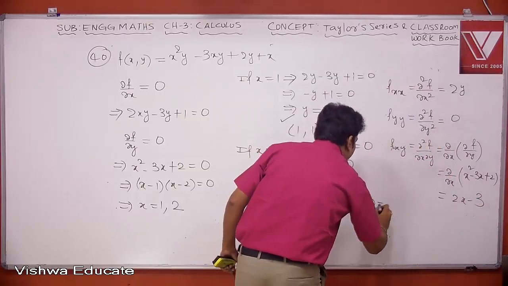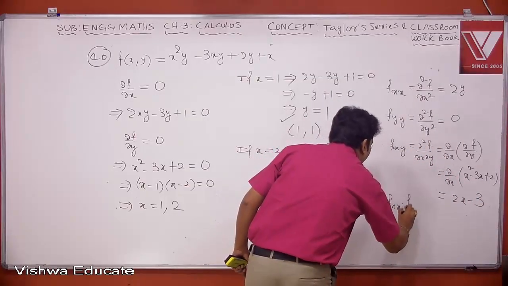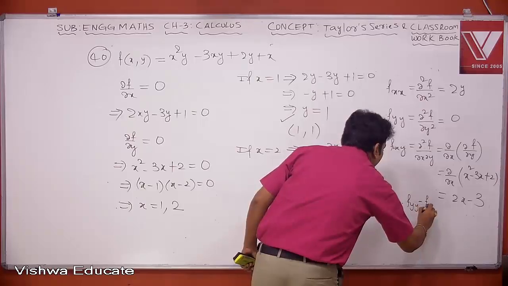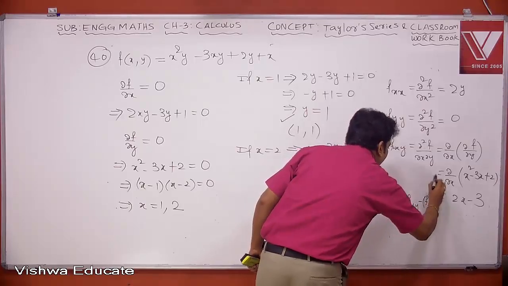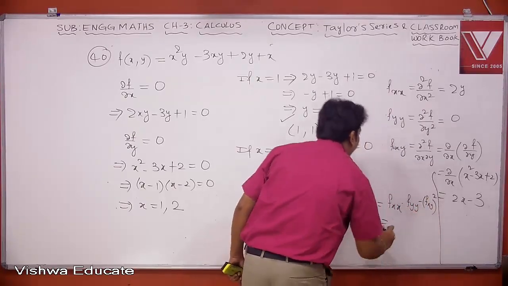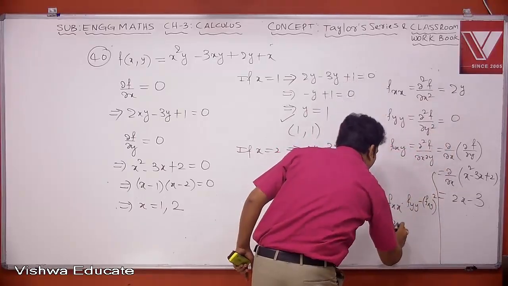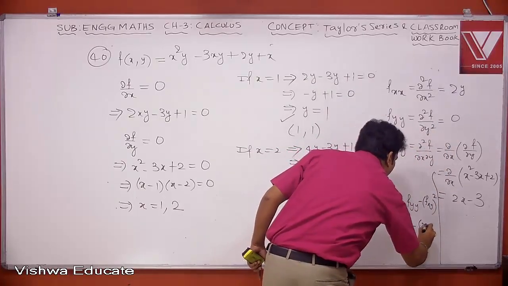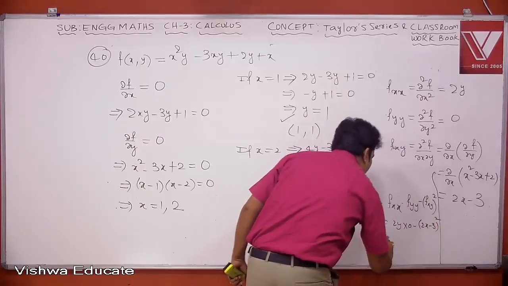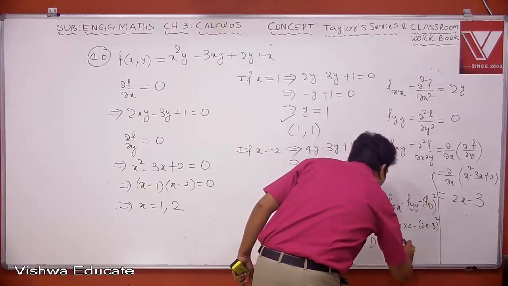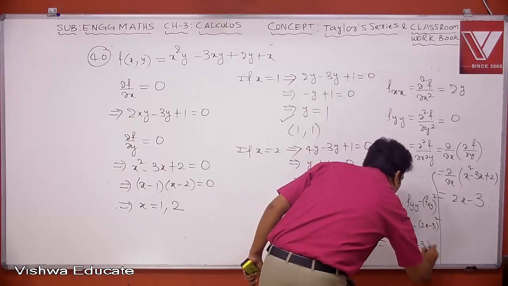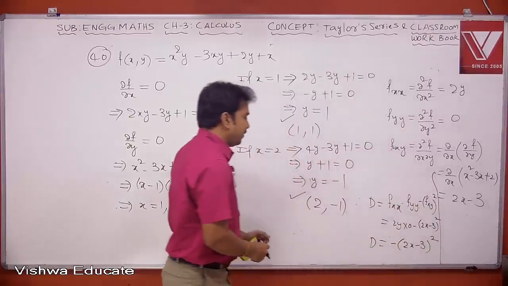Therefore the value of D is fxx into fyy minus fxy whole square. But fxx is 2y, and fyy is 0. So 2y into 0 minus (2x minus 3) whole square. Therefore D value is minus of (2x minus 3) whole square.